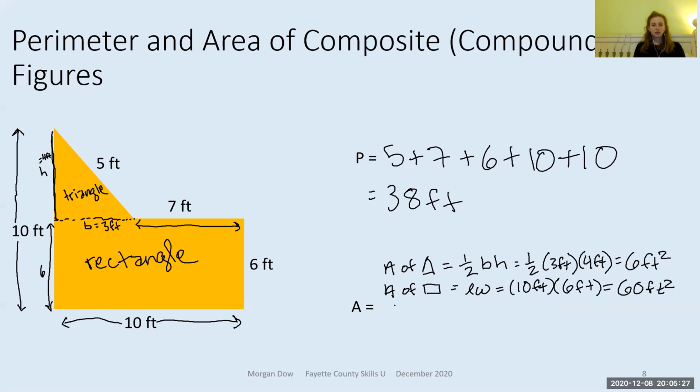All right, so now let's do the total area, right? We know the area of the two parts, and so we're going to add our parts together. That gives us a total area of 60 square feet plus 6 square feet. 66 square feet is our total area.